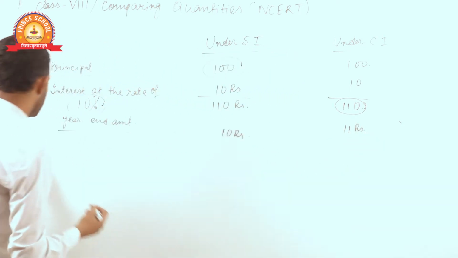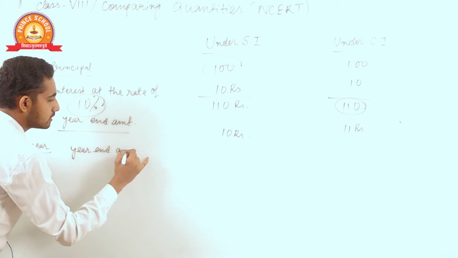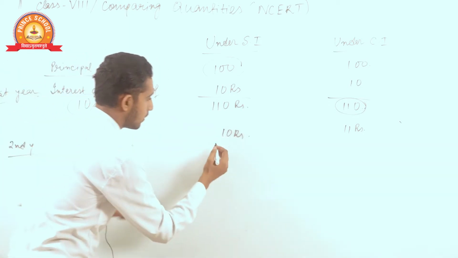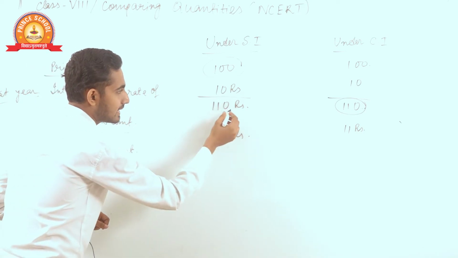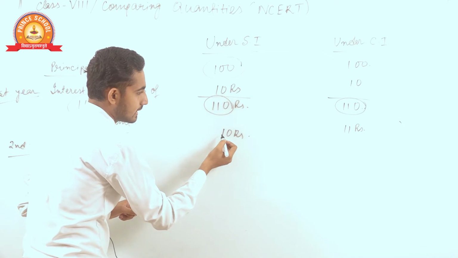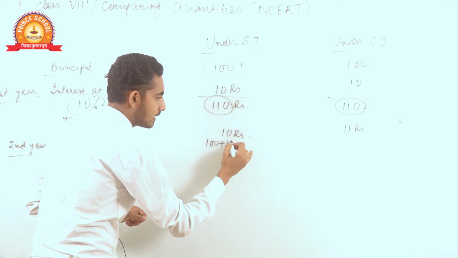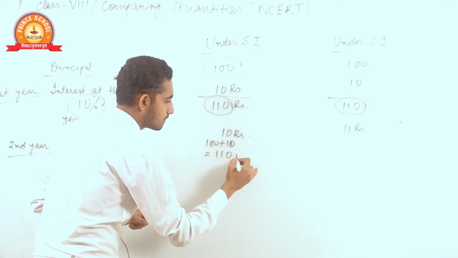Now the year end amount of SI is equal to, पहले कितना था आपके पास, 110 rupees. Now that is 100 plus 10, that is also 110 rupees.